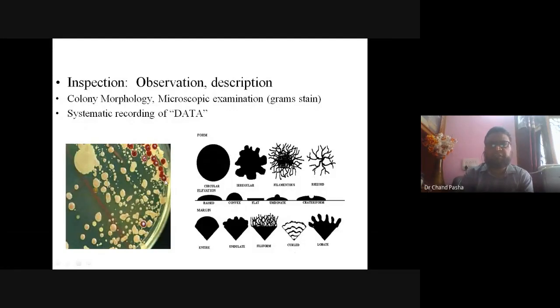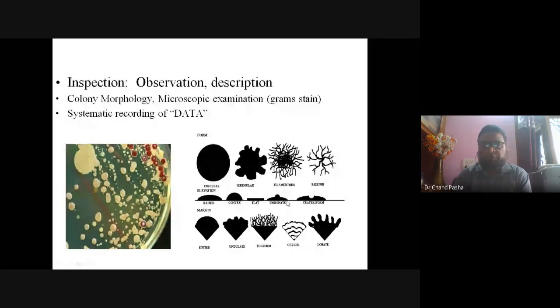See, this is the entire form, this is a wavy form, and this is a filamentous hyphal form. This is the elevation. This is a raised one if you see it on the plate, and this is a flat one. You can see this is convex, this is umbonate, and this is a carinate form.